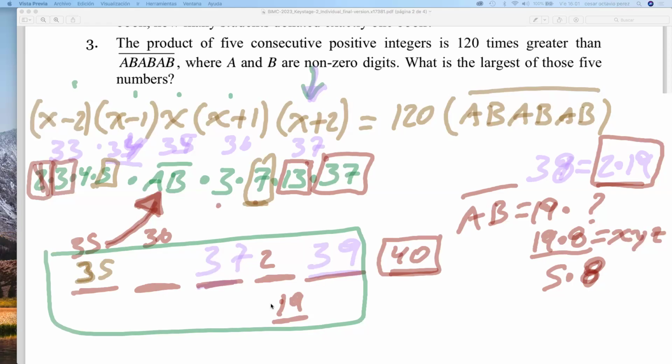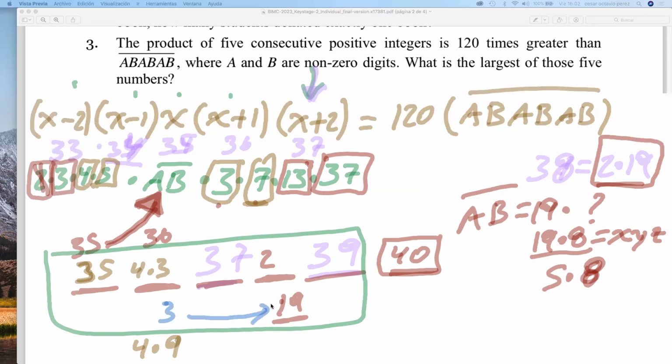No. Which one? 36 is 4 times 3 times 3. 4 times 9? Yes. Okay. We have here a 4. We have here a 3. We still need a number 3. Yes? This is the answer.